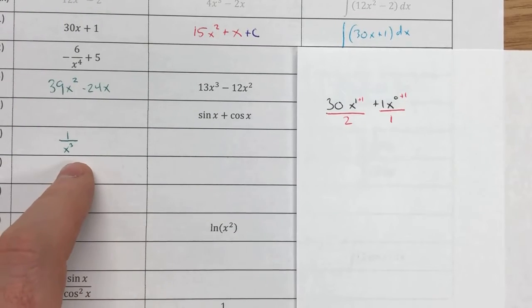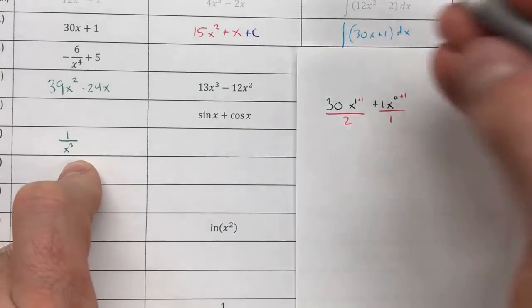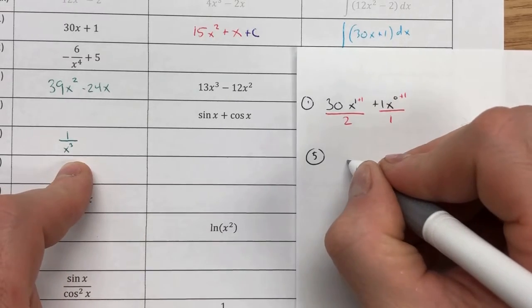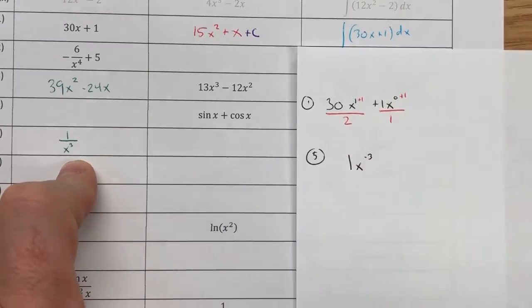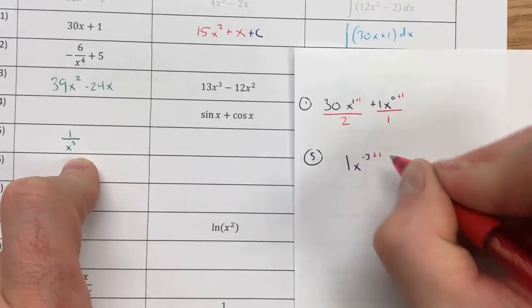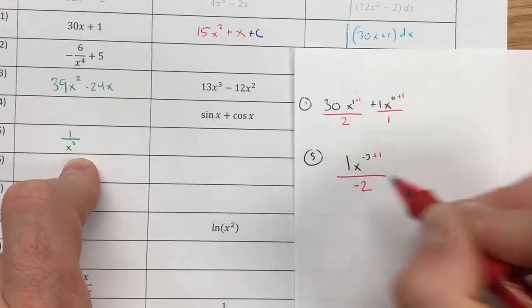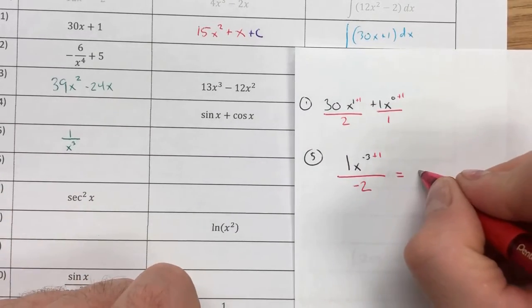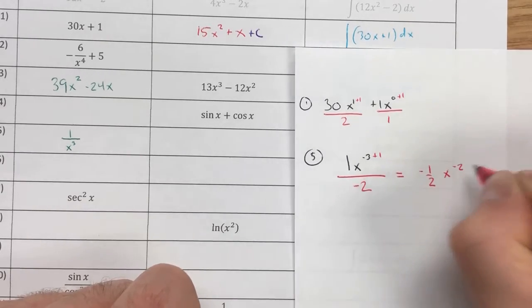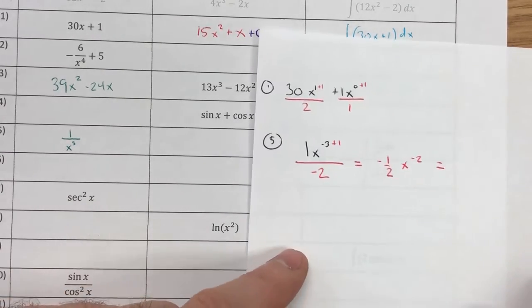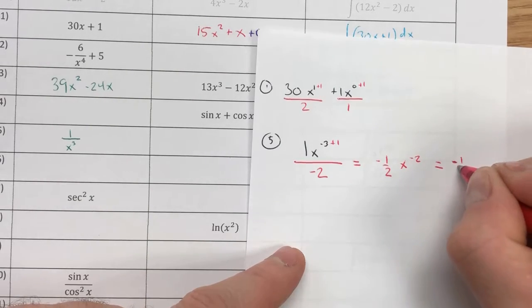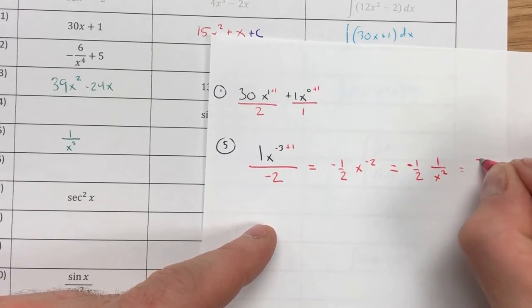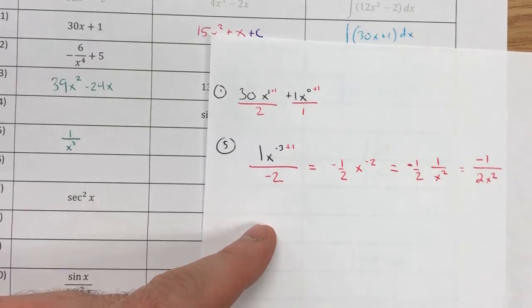So if we have 1 over x cubed, another way to write that out, let's see, this was number 1, this is number 5. If I have 1 over x cubed, I'm going to write that as x to the negative 3. This is going to allow me to say, okay, plus 1 divided by negative 3 plus 1 is negative 2, which is going to simplify down into negative 1/2 x to the negative 2, which, if I further simplify that, is negative 1 over 2x squared.